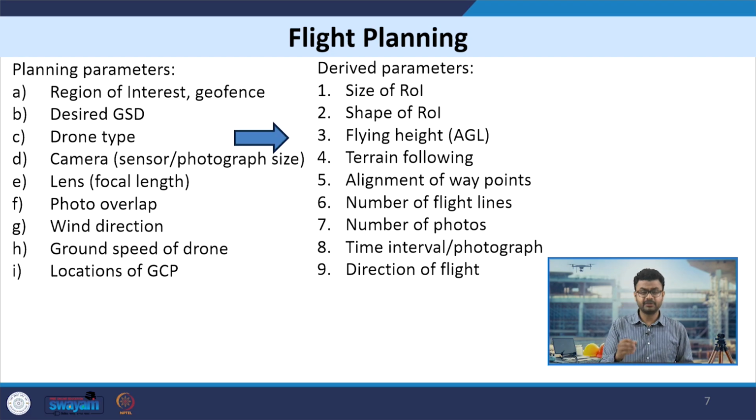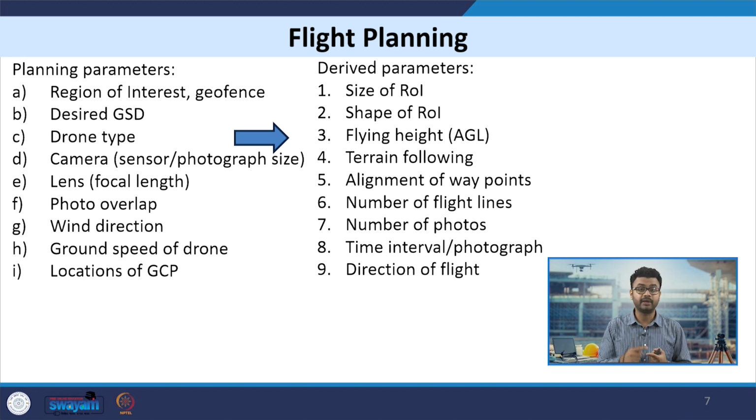With these parameters, we can derive some more parameters, which are the size of the region of interest, the shape of the region of interest, whether it's a regular polygon or a long corridor or some irregular shape. It can also be the flying height above ground level, whether we also need to incorporate any terrain following feature. It is also the alignment of waypoints, how they are situated with respect to each other.